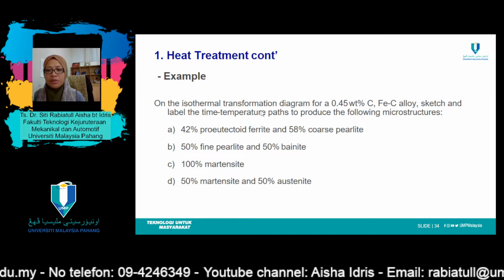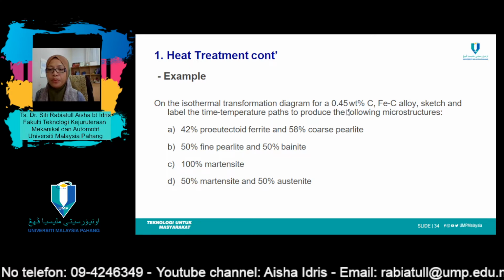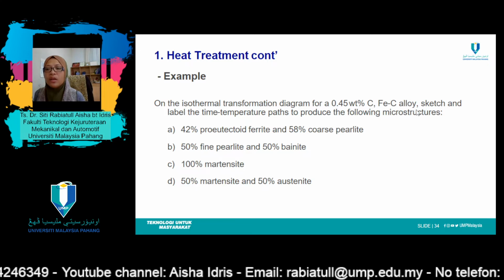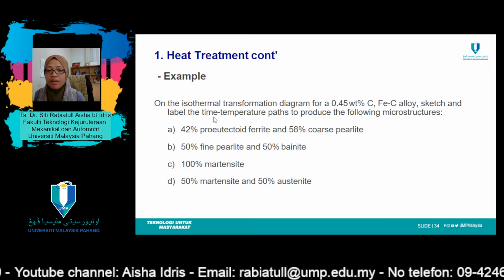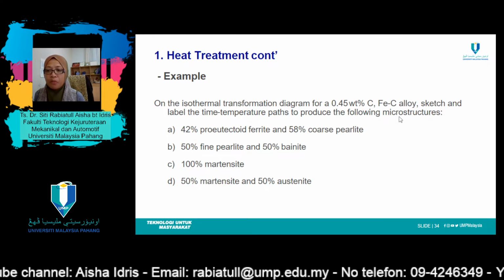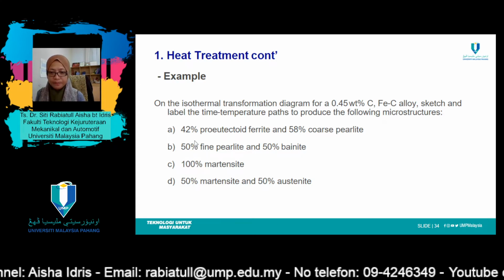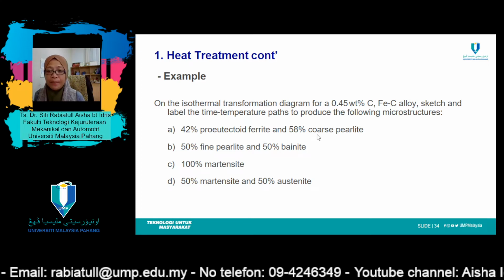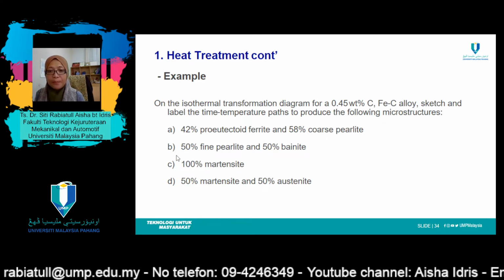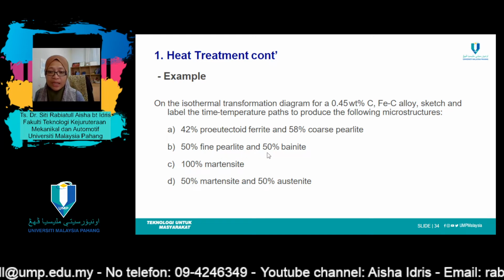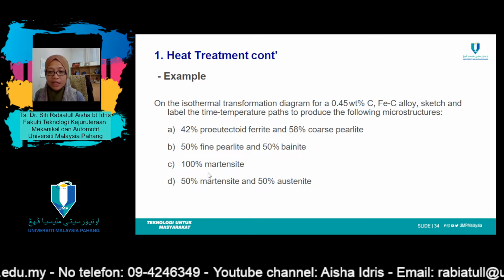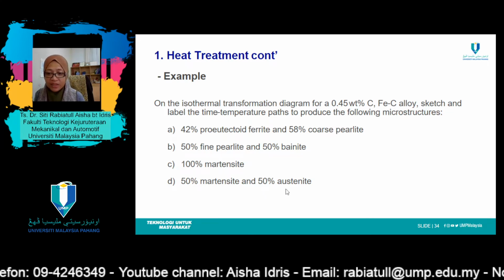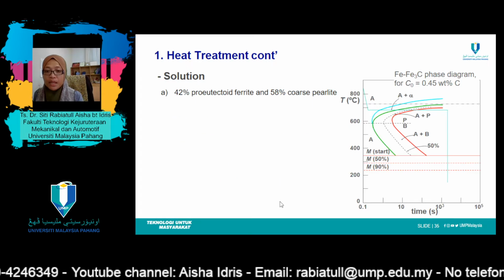On the isothermal transformation diagram for a 0.45 weight% carbon iron-carbon alloy, sketch and label the temperature path to produce the following microstructures. A, 42% proeutectoid ferrite and 58% coarse pearlite. B, 50% fine pearlite and 50% bainite. C, 100% martensite, and D, 50% martensite and 50% austenite. So let's look at them one by one.